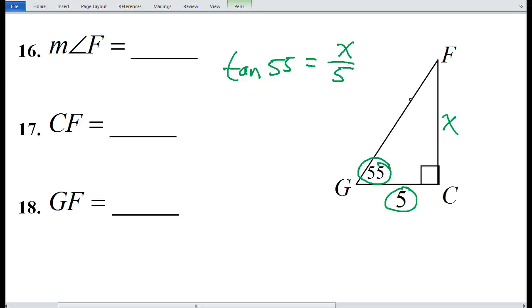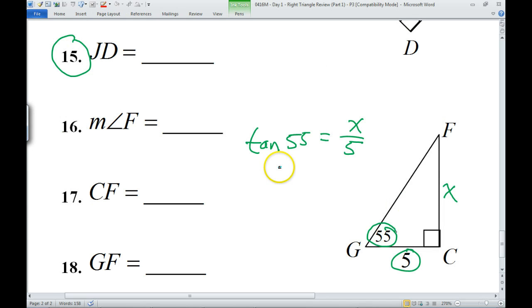So, Chrissy, what am I going to do to get x by itself then? To get x by itself, we are just going to multiply both sides by 5, like this. That way these 5s are going to cancel out.